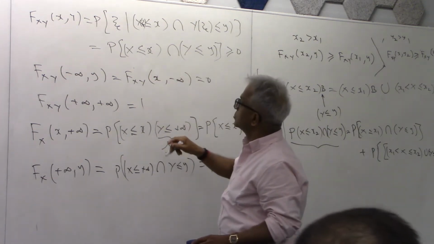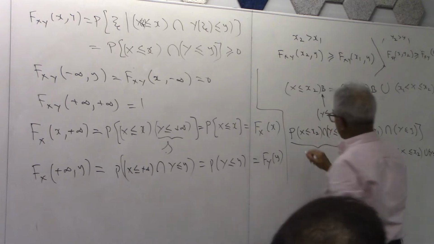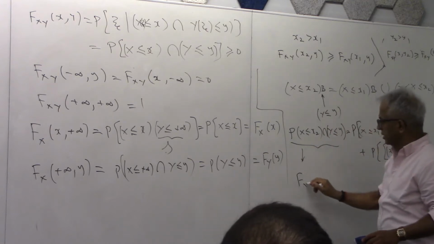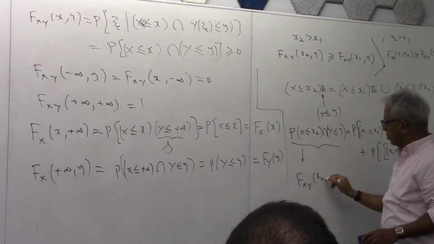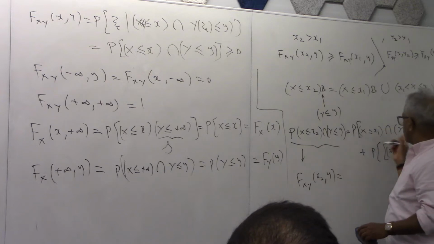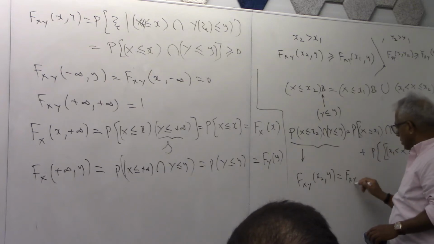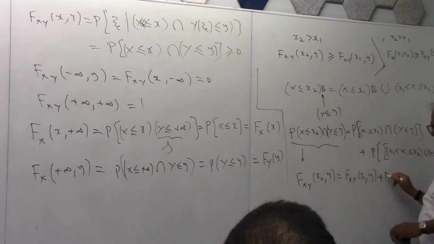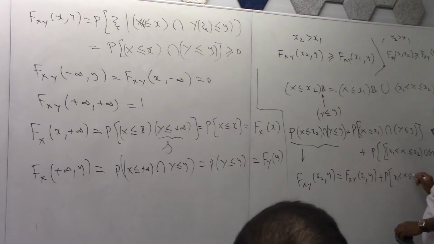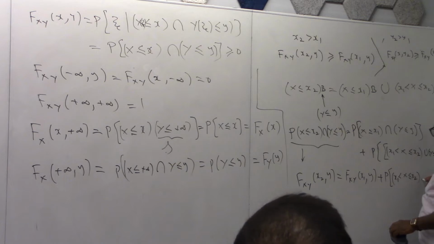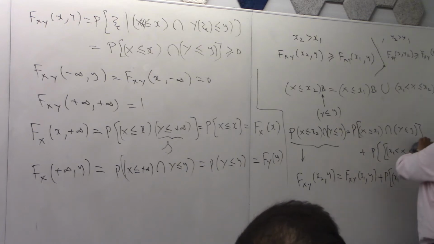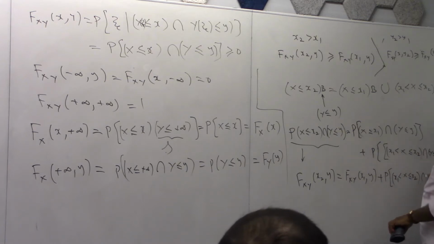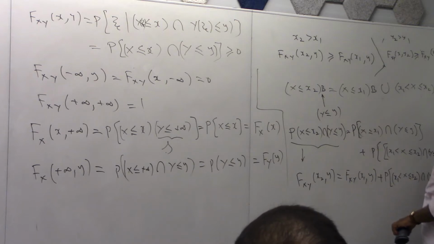By definition, this term is F_XY(x2, y) equal to F_XY(x1, y) plus the probability of x between x1 and x2 intersection y less than y.